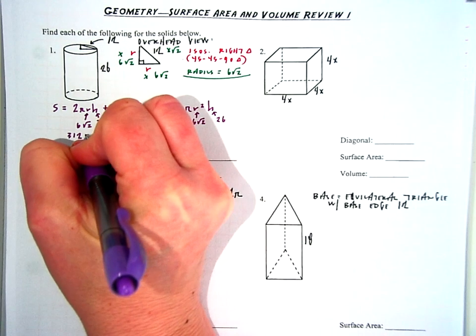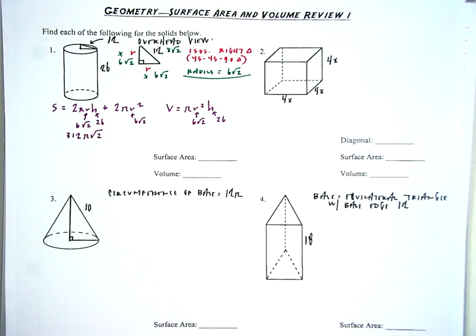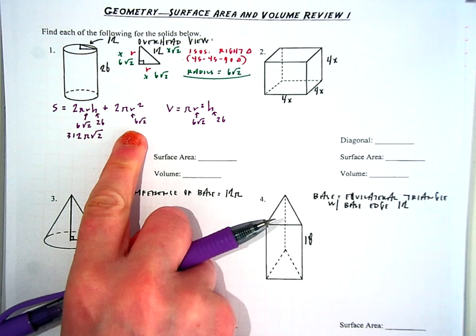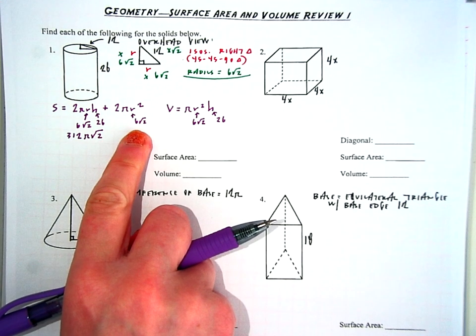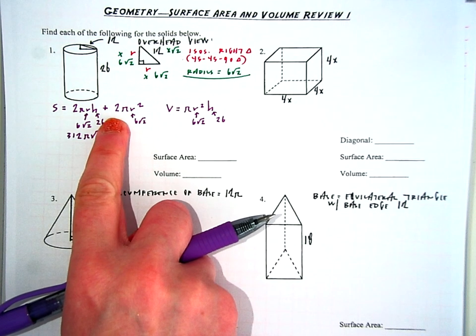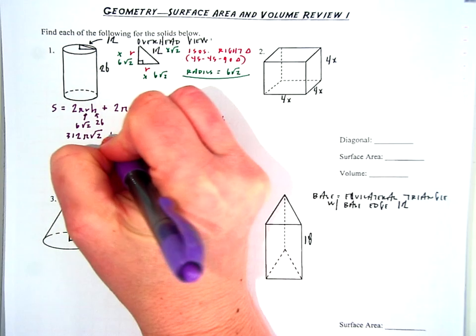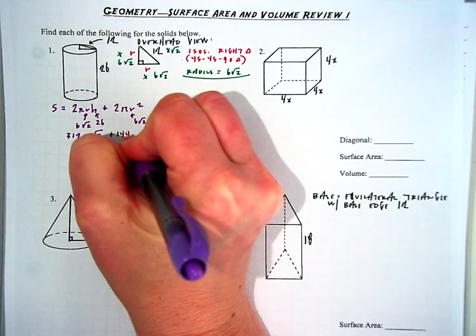And then the pi, and then the square root of 2. And then over here, if I take 6 root 2 times 6 root 2, that's like saying 6 times 6 times 2. So I have 72. And then times 2 is going to be 144 pi.